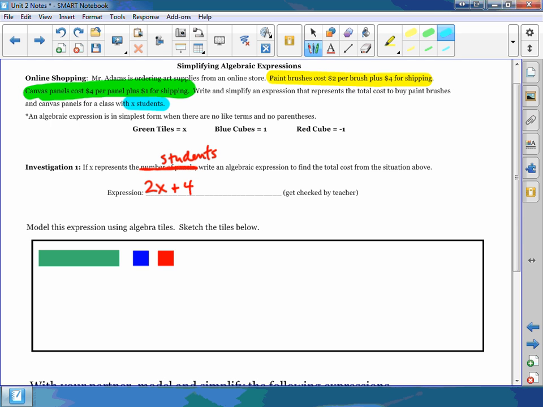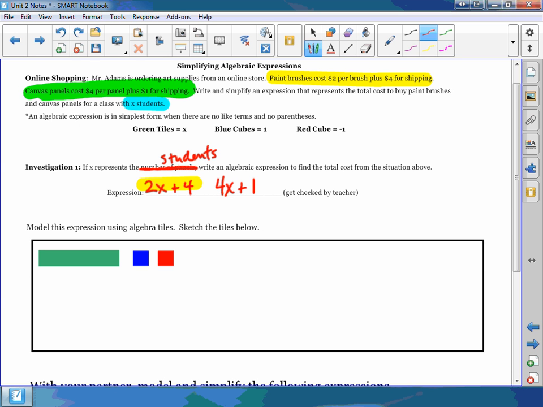I'll just highlight that to keep everything lined up. So there's your paintbrushes. Then we had canvas panels that are $4 per panel, and assuming again that each student's going to need a panel, that would be $4 times the number of students plus a one-time shipping fee of $1.